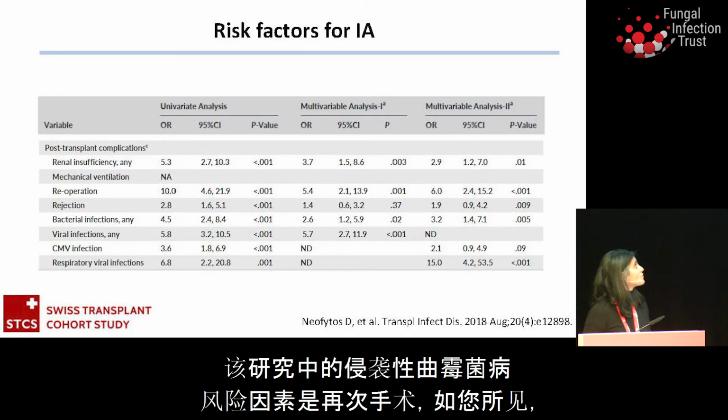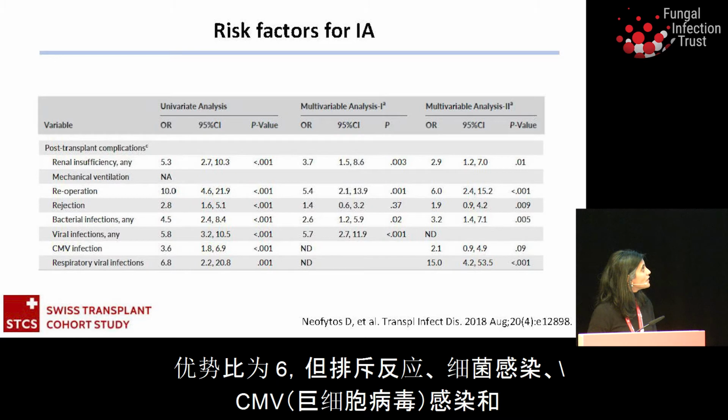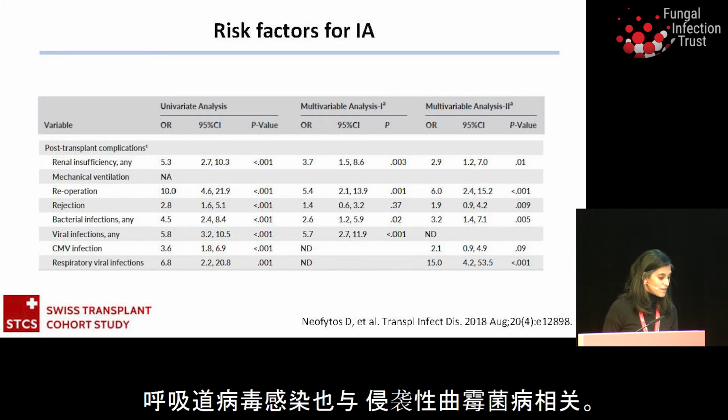The risk factor for invasive aspergillosis in that study was reoperation, as you can see here, with an odds ratio of 6, but also rejection, bacterial infection, CMV infection, and respiratory viral infection were associated with invasive aspergillosis.